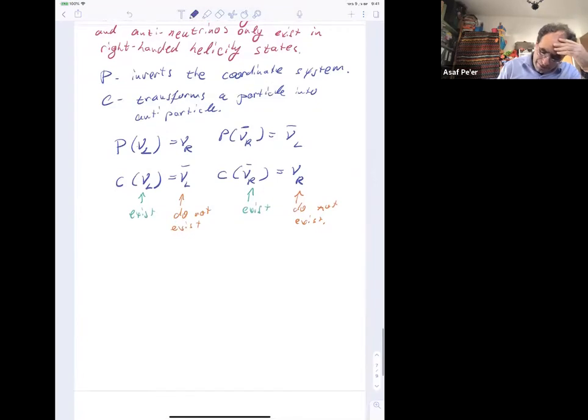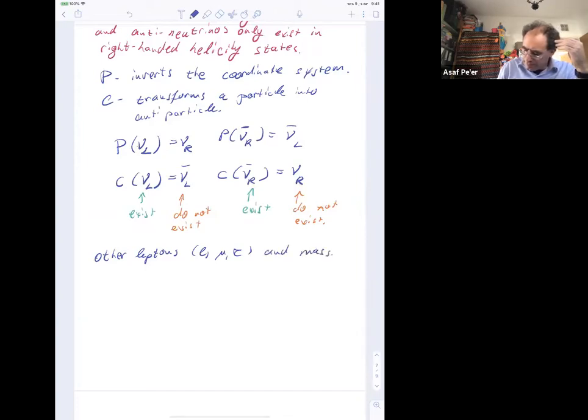So other leptons, like the electron, muon, and tau lepton, as well as massive fermions, exist in both left and right-handed helicity states.